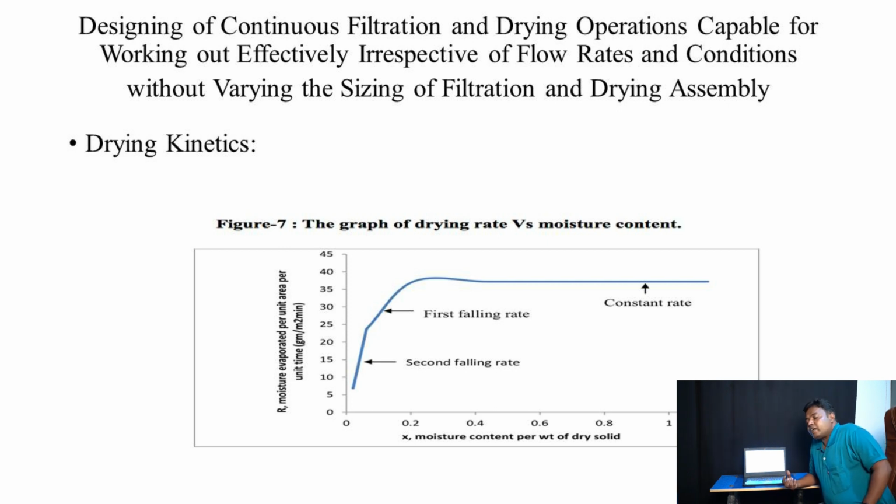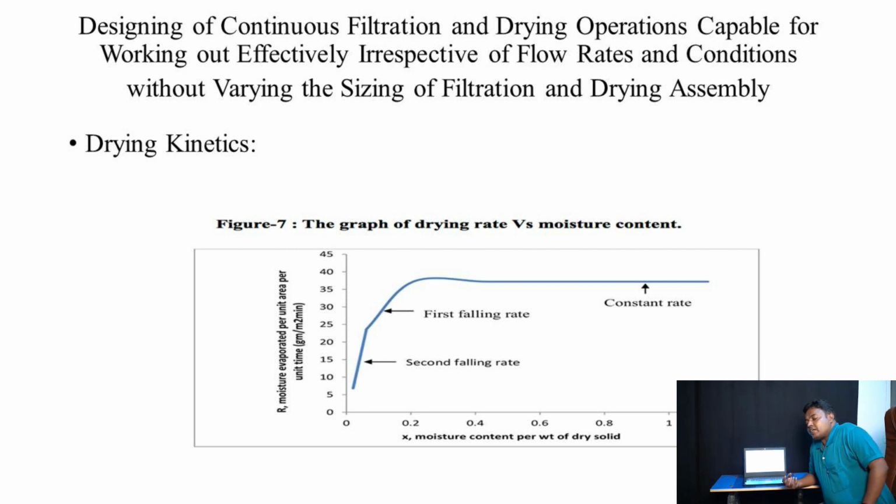The equilibrium moisture content depends upon the surrounding environment. If the humidity in the surrounding environment increases, then the equilibrium moisture content increases. If the atmosphere is dry, meaning humidity is less, then the equilibrium moisture content will be less.